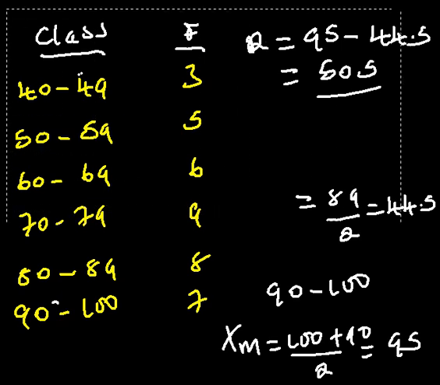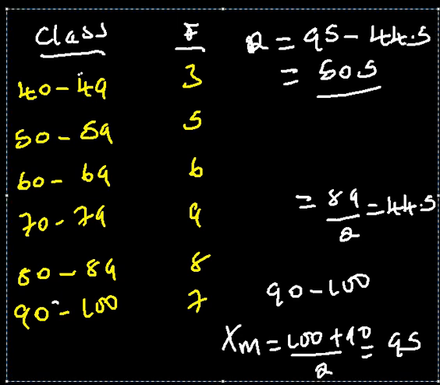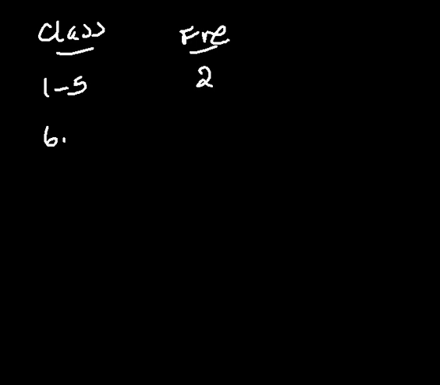And how about, let's say we have this data and try to find the length of the data. We have the classes like that, and this is the frequency. The first class is 1 to 5, and the frequency is 2. We have 6 to 10, with a frequency of 3.